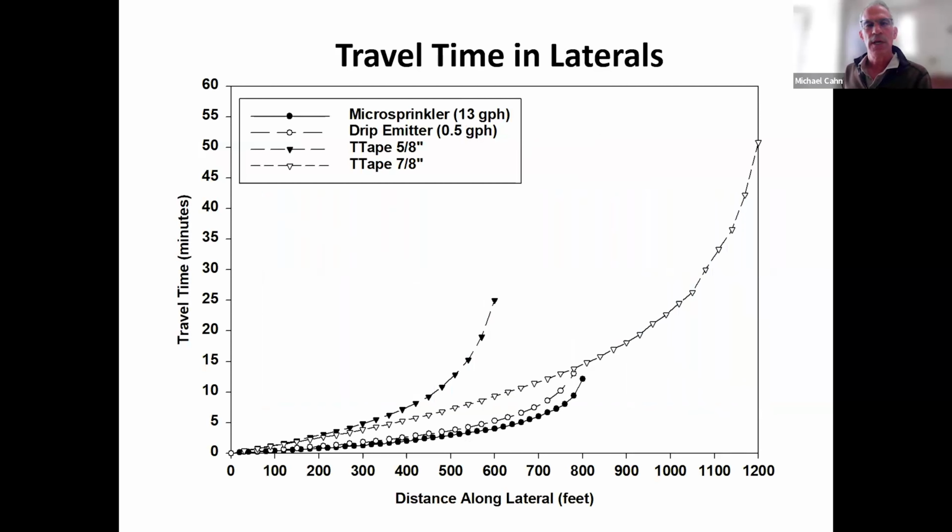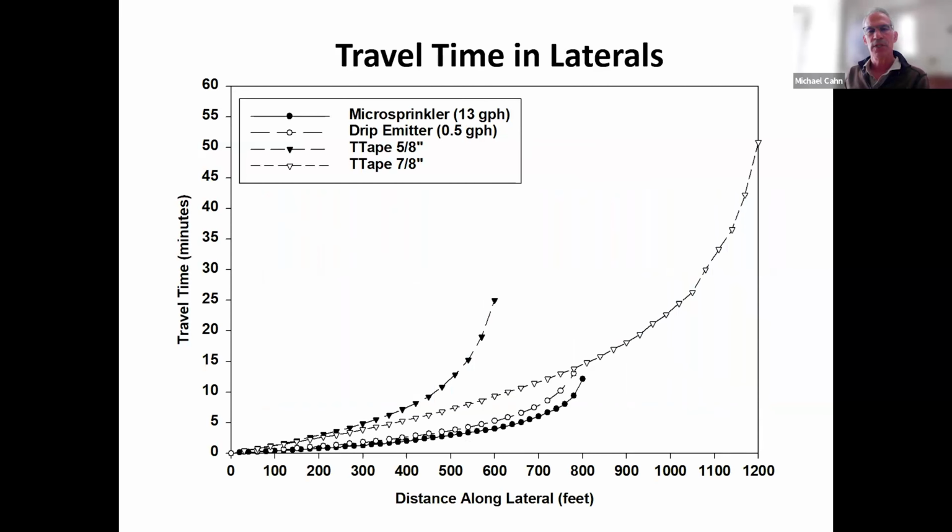So this figure is from research that Blaine Hansen, emeritus irrigation specialist, developed. And it's just showing you as you go with different lateral lengths and different flow rates of tape or micro sprinklers, what the travel time is to get to the end.